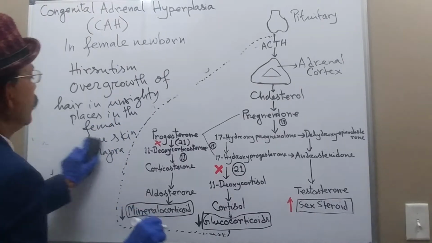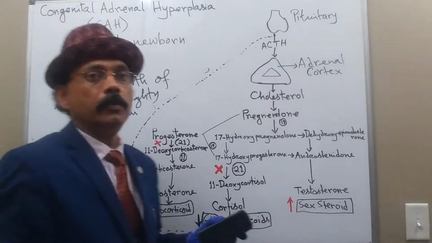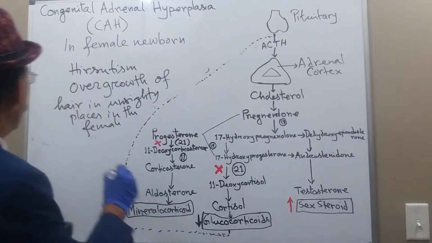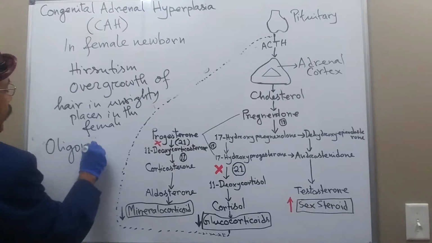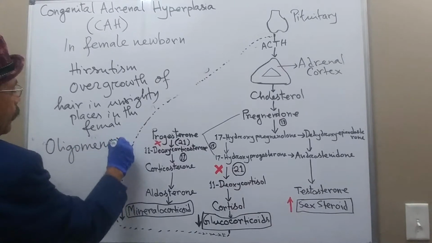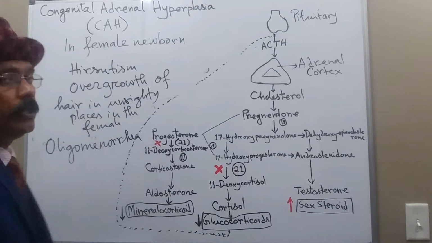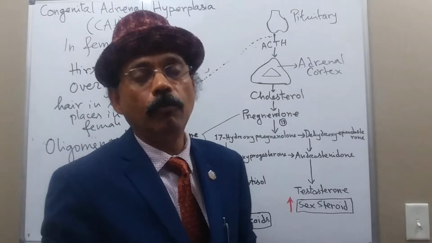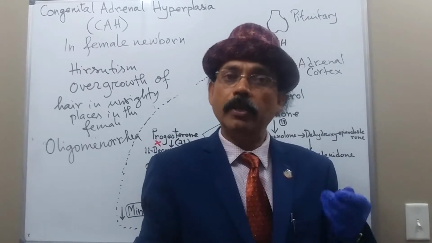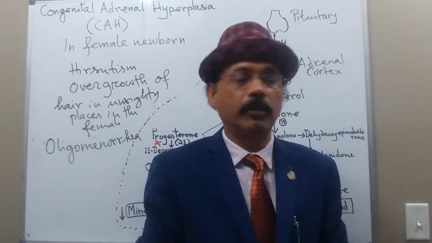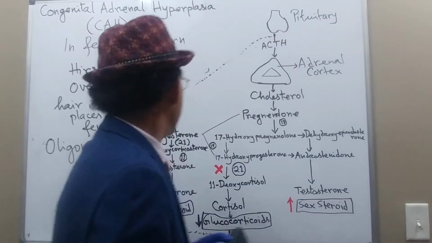Okay, so we get hirsutism. Okay, we get oligomenorrhea. That means decreased menstruation, irregular menstruation, and there may be infertility in most cases.